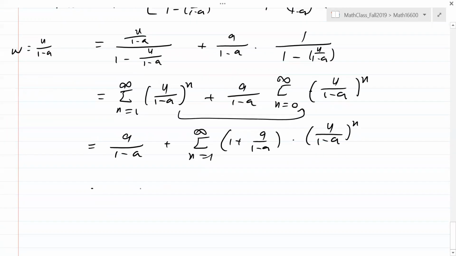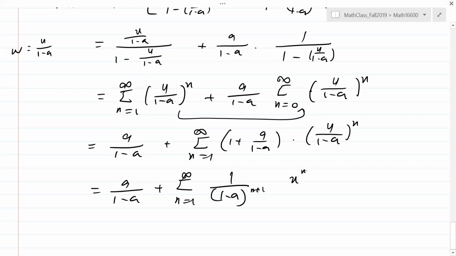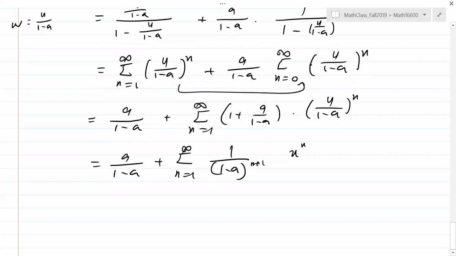Let me repeat again. Added together, it's just 1 over 1 minus A. So I can simply write that, and I have another factor from the other side, u to the n. So this is what we get.